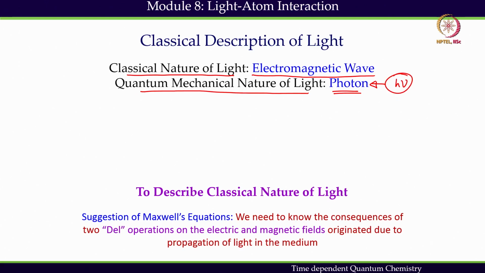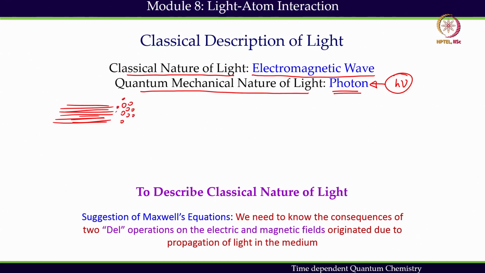In a beam of light, if the density of photons is very high, so let us say I have a beam of light coming in, one can view it in a particle form, and these particles are h nu.